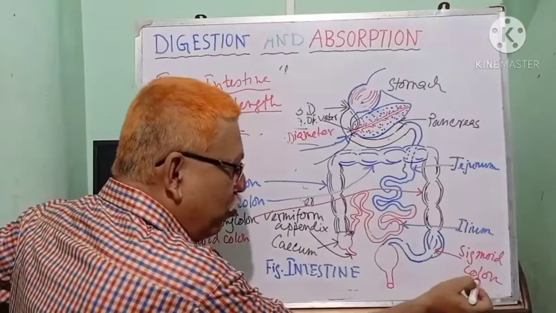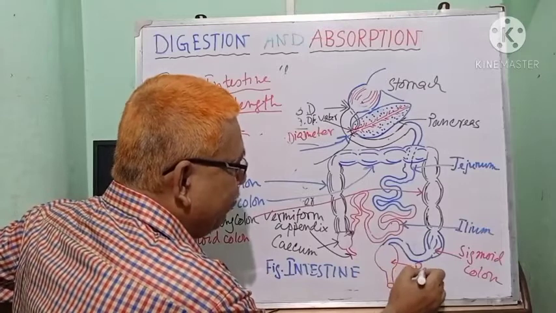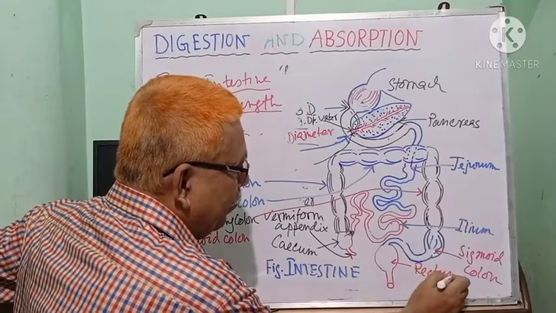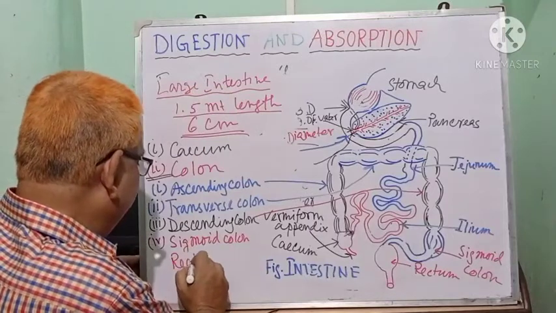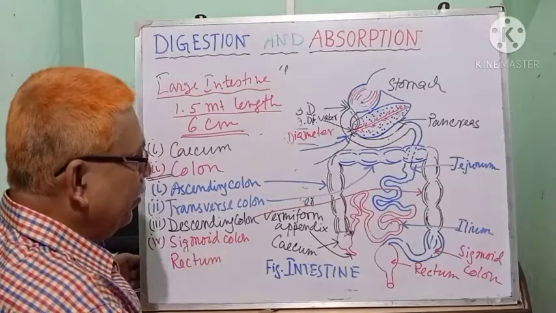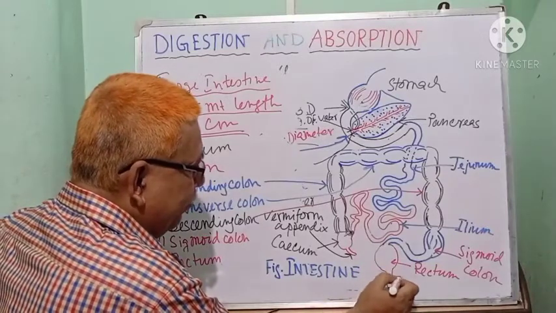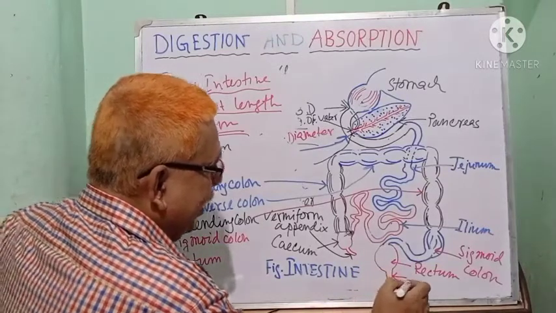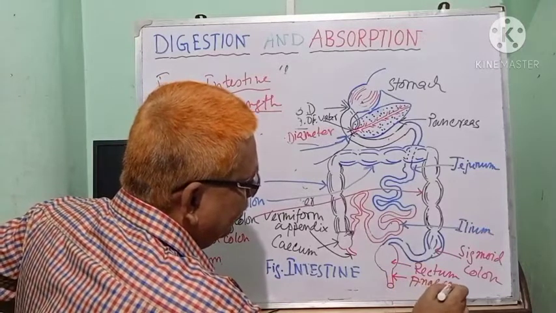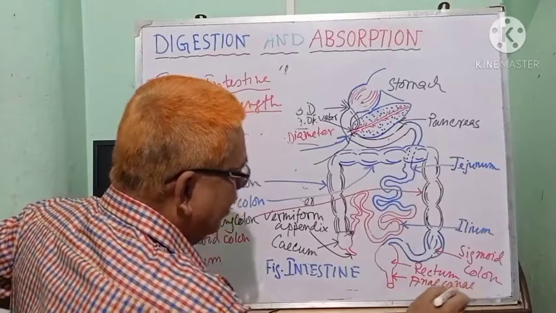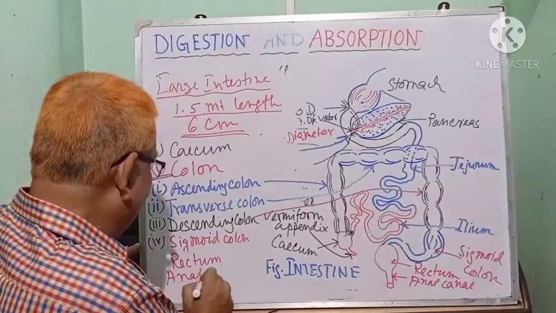Next to sigmoid colon, this is rectum. Next part of the rectum is anal canal.